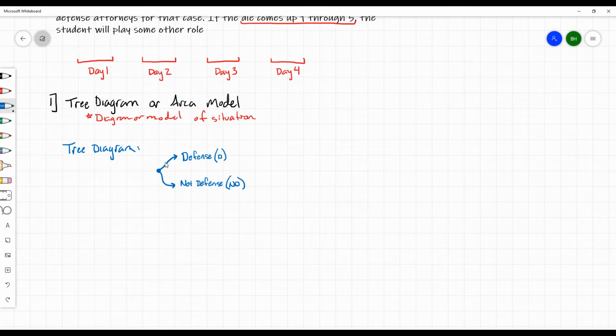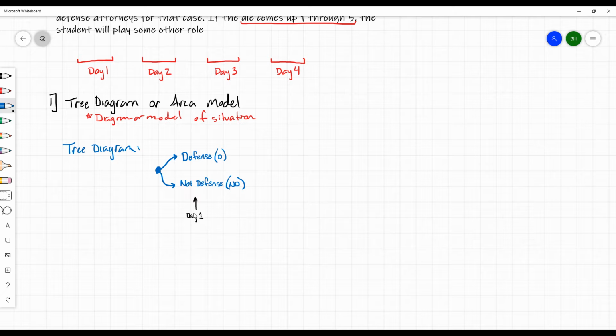The first branches that come off of the main trunk of the tree diagram represent your first possible event. So everything here represents my possibilities for day 1.